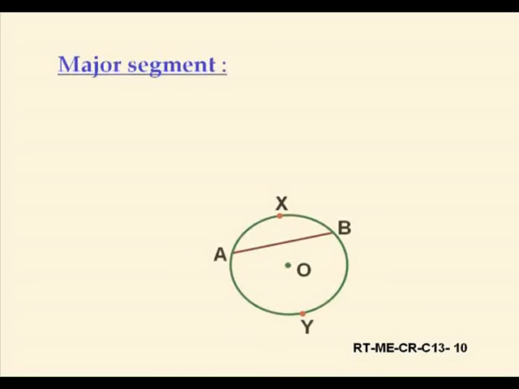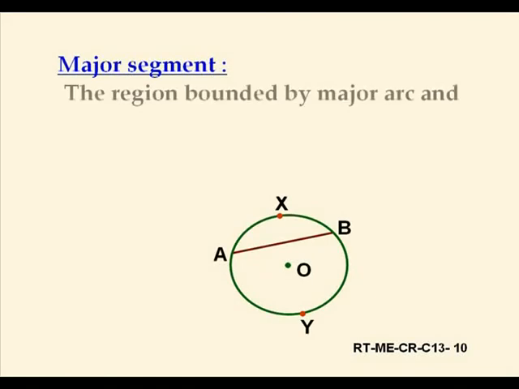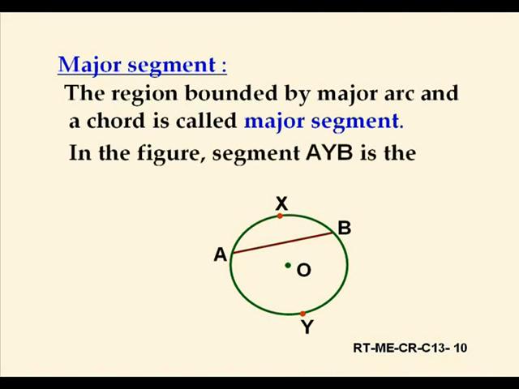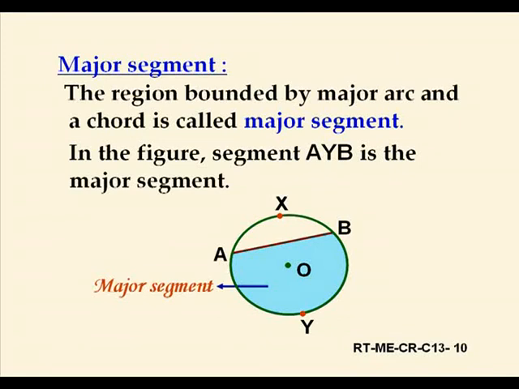Major segment. The region bounded by major arc and a chord is called major segment. In the figure, segment AYB is the major segment. Dear children, the shaded region represents the major segment.